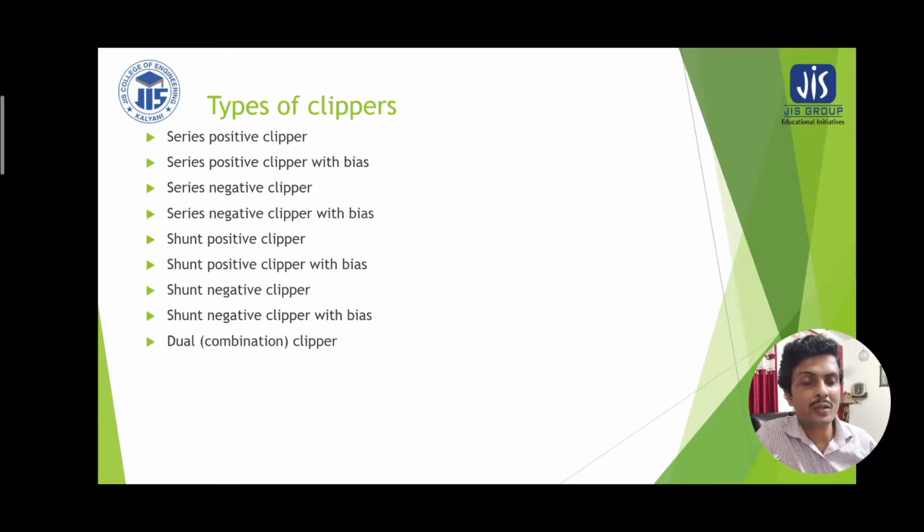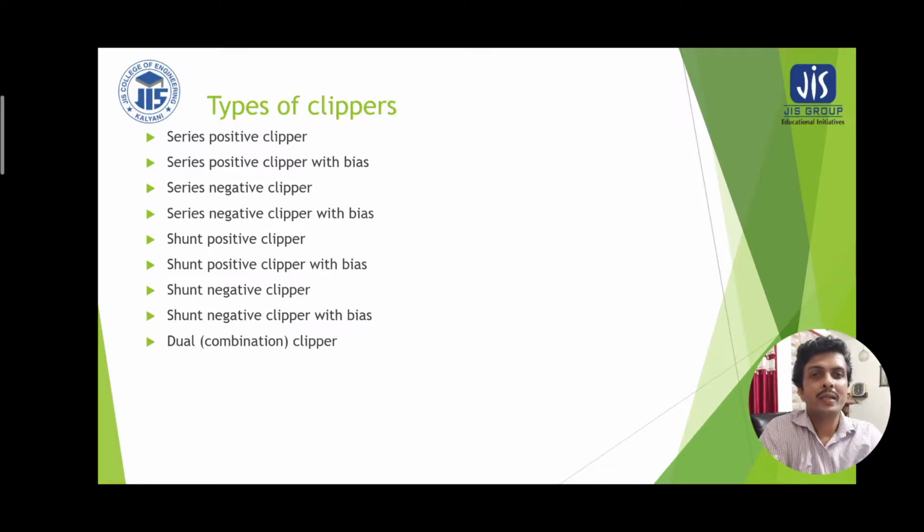So we are not using the term partial, but we call it a series positive clipper with bias. Whenever with bias is written, we understand that there is partial removal of either the positive or negative half cycle. As it is written positive clipper, partial removal of the positive half cycle is possible because of the word bias.